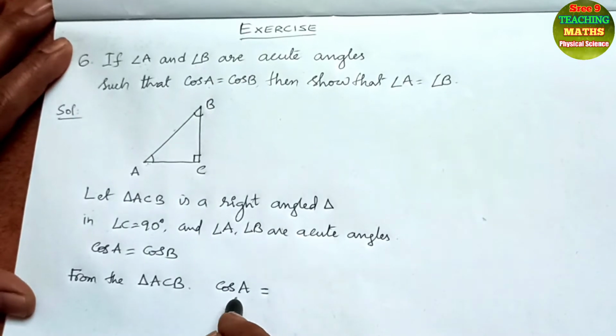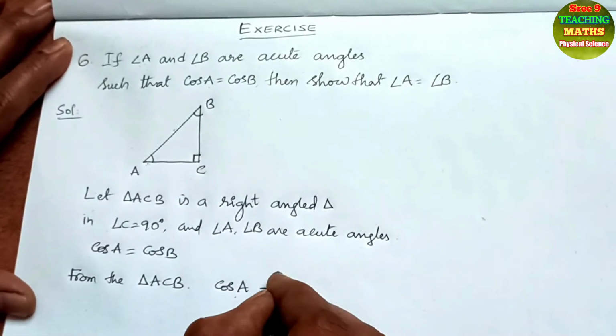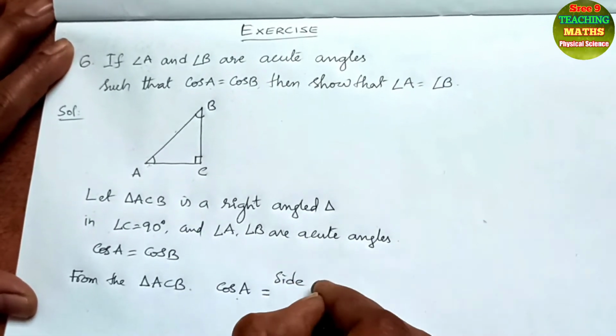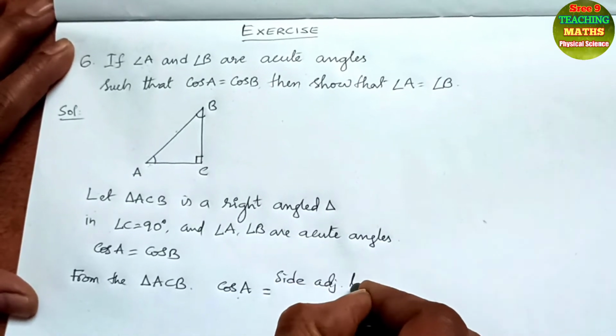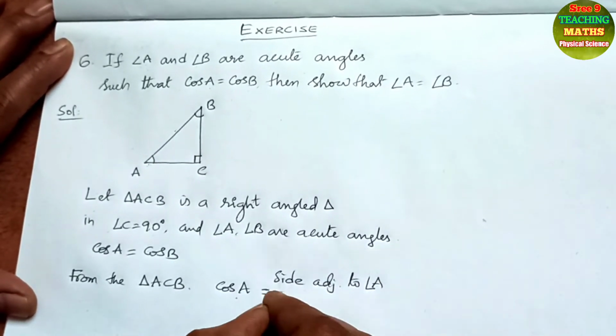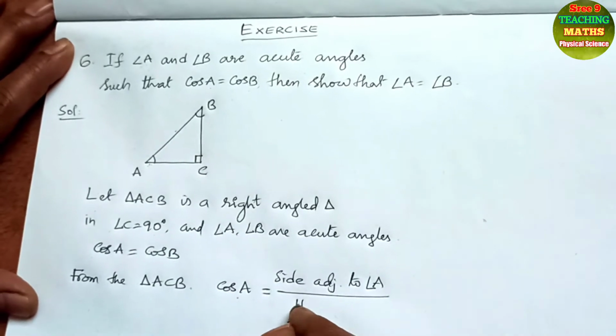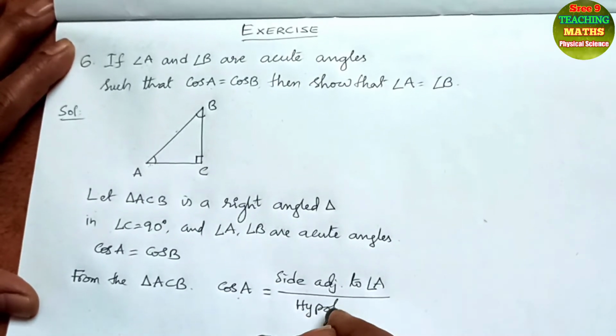What is the formula for cos A? Side adjacent to angle A by hypotenuse.